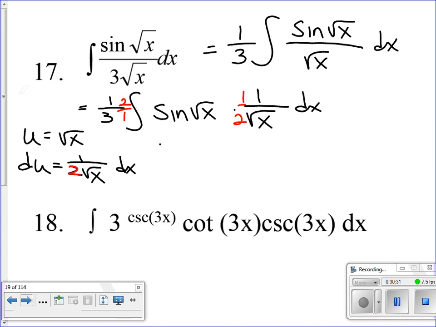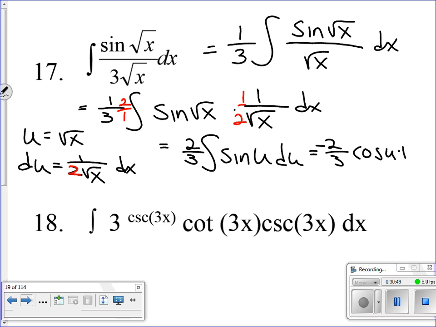So we get 2/3 times the integral of sine of u du. This gives us 2/3 times negative cosine u, so I'm going to put a negative 2/3 cosine u. And so our final answer is negative 2/3 cosine of rad x plus c.